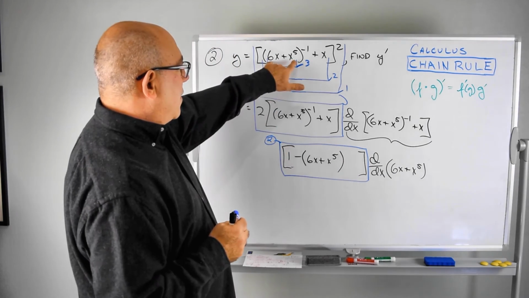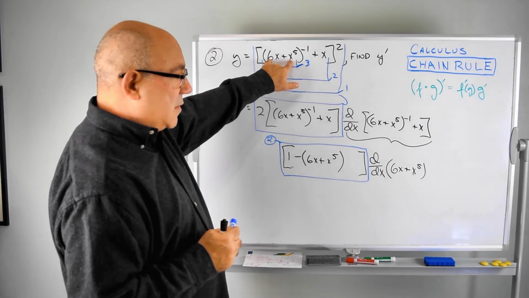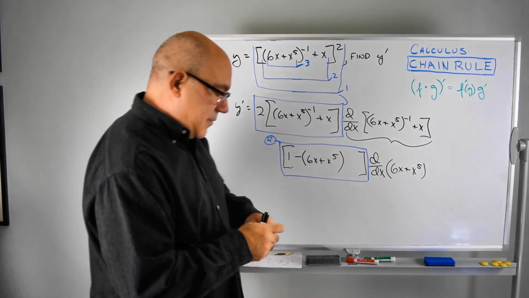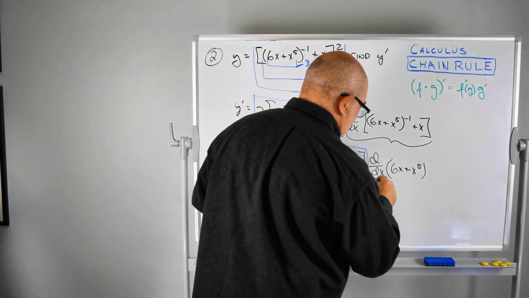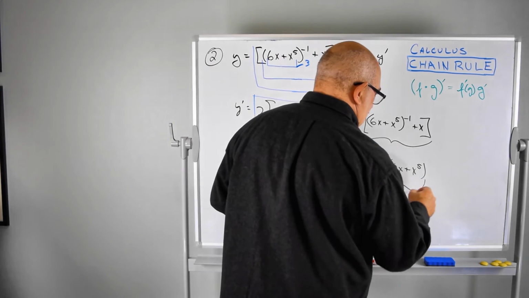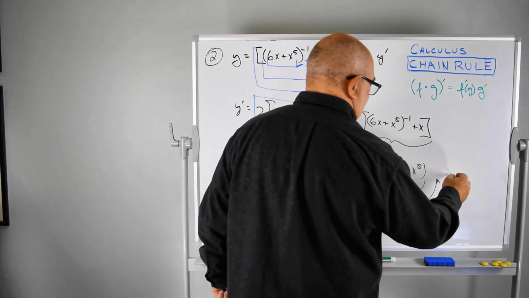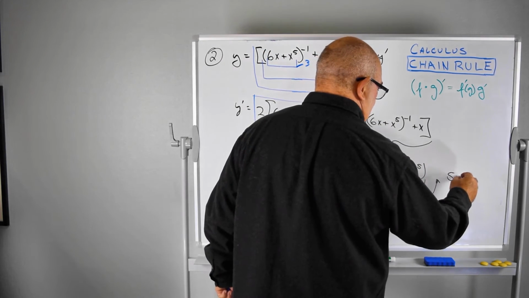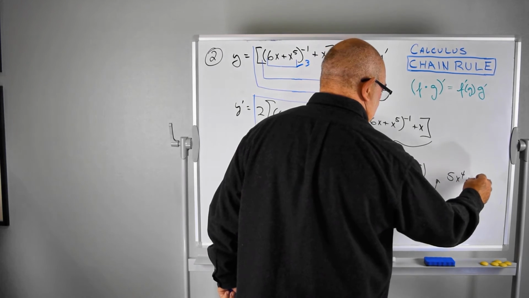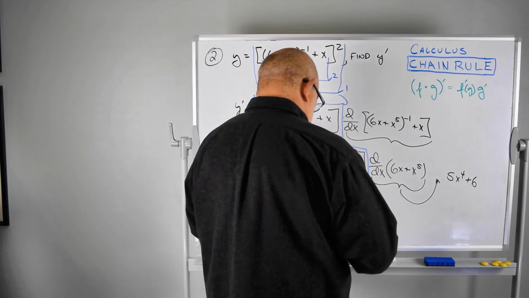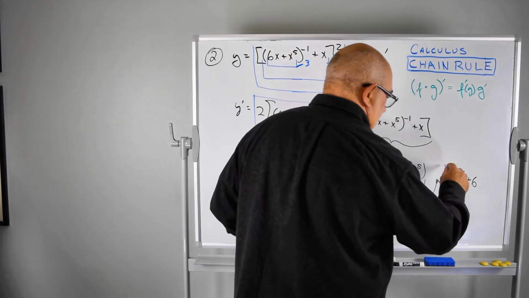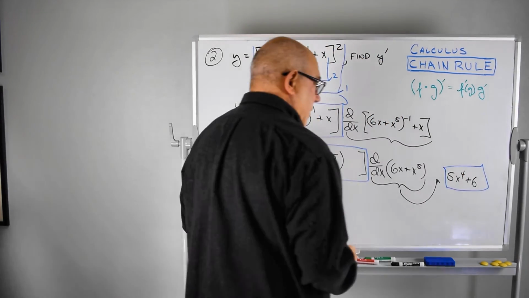Now we're working on this last piece, the third piece. We're working on that right here. If I take the derivative of it, then we get 5x to the 4th plus 6. And that is going to be the third piece.